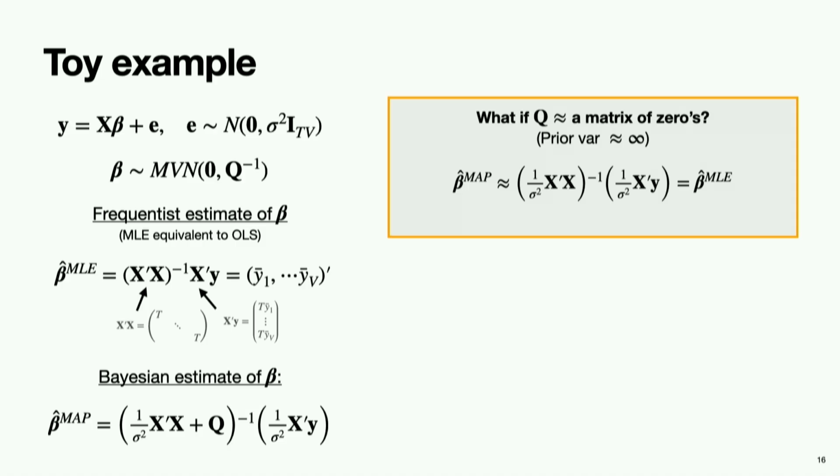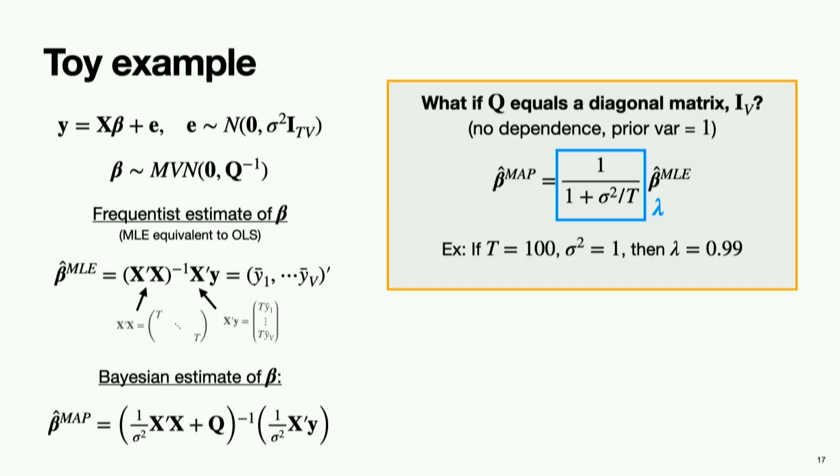And so if Q is almost 0, it will basically disappear from that equation, and the MAP will have the same form as the MLE. So if our prior is uninformative, with very large prior variance, it's not going to have much of an influence at all. The MAP, the Bayesian estimator, will be almost the same as the MLE.